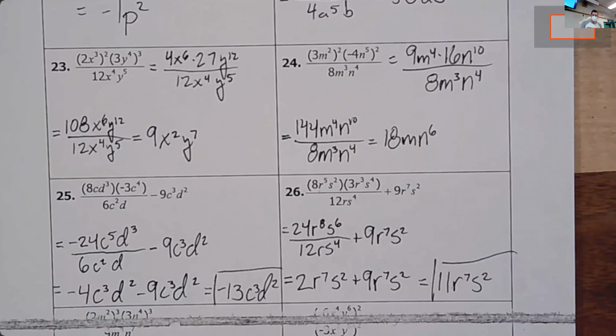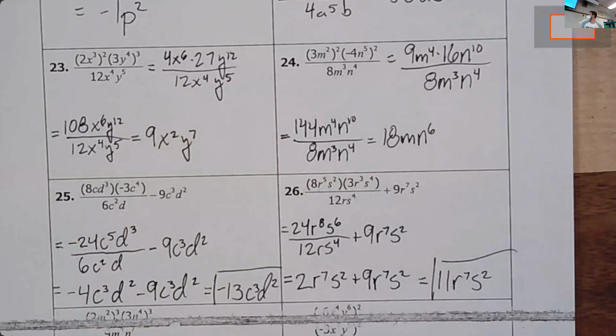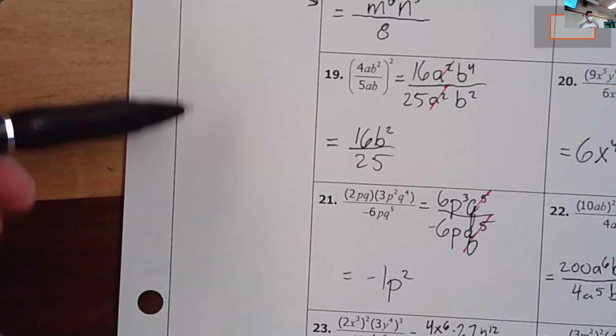So 27 and 28. I am going to write mine on the back of my paper. If you are planning on gluing yours in, maybe just write them off onto the margin over here for 27 and 28. But I'm going to flip this over.